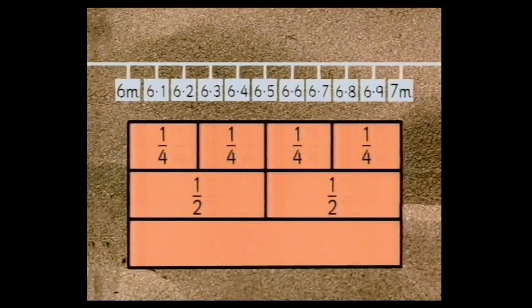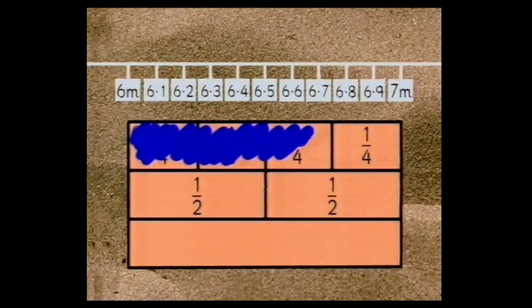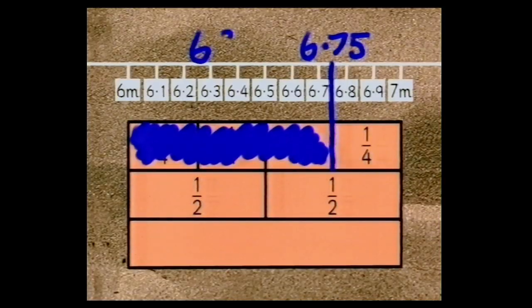Now, if we join the 3/4 mark with the number line, it falls exactly halfway between 6.7 and 6.8. So that makes it 6.75 of a metre. So 6 3/4 metres is the same as 6.75, which is the same as 6 metres and 75 centimetres.